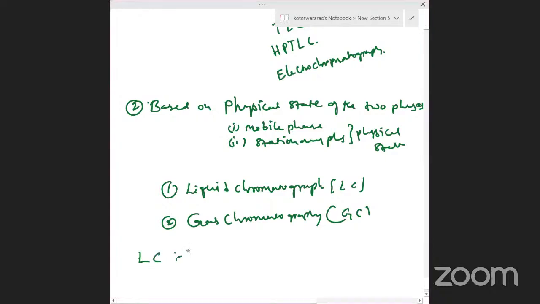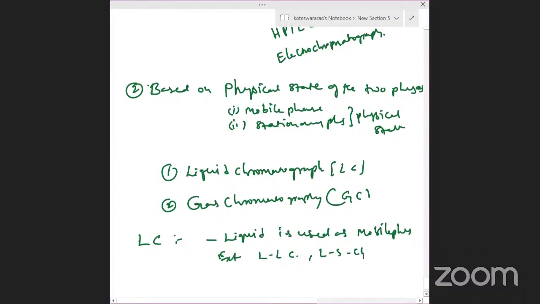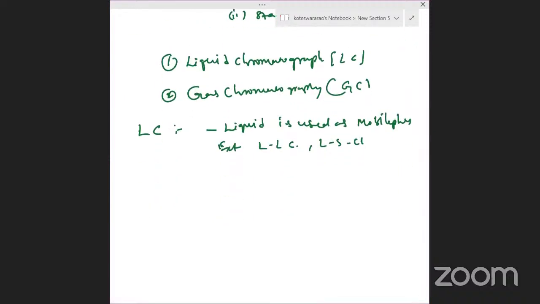Liquid chromatography covers the methods that use liquid as the mobile phase. Examples of liquid chromatography are liquid liquid chromatography and liquid solid chromatography.